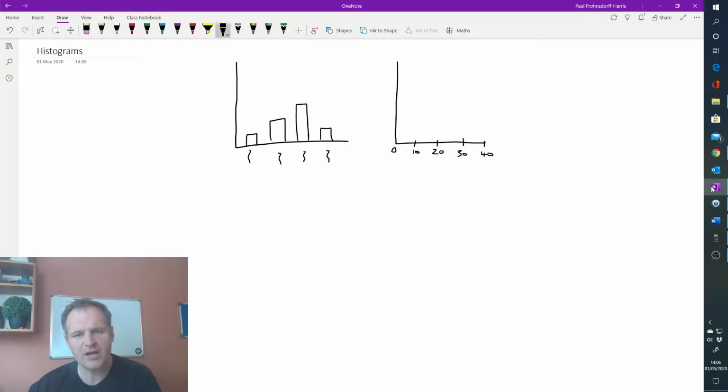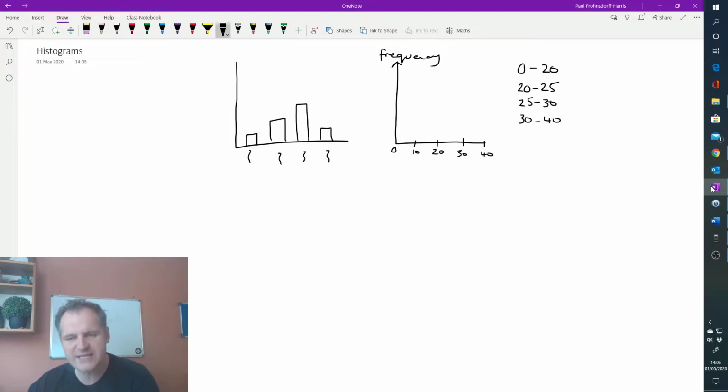However, I'd like you to imagine for a second, because we always have frequency up the side, that instead of standard gaps, when we collect the data, they only collect the data from 0 to 20-year-olds, then 20 to 25. For some reason the group sizes are changeable, and then 25 up to 30 and 30 to 40.